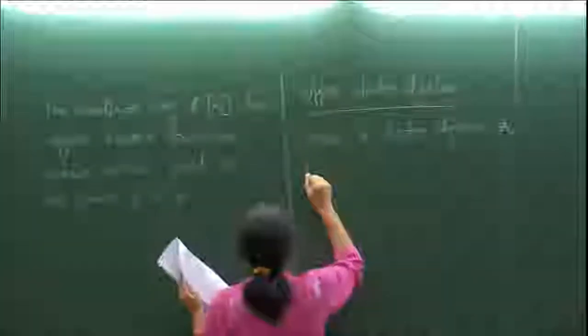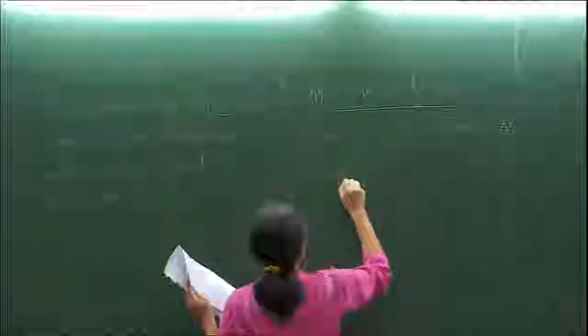Okay, so given a cluster algebra A, the upper cluster algebra is denoted by U and is defined as follows.